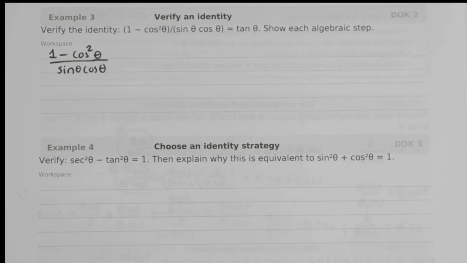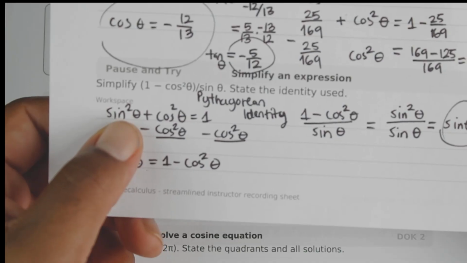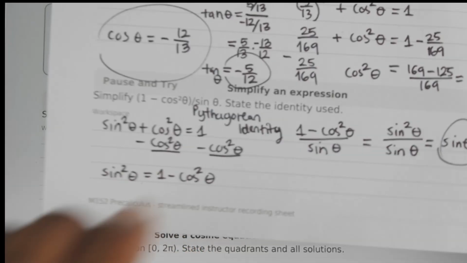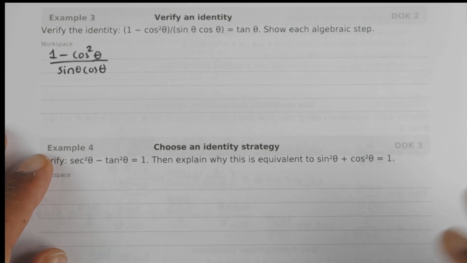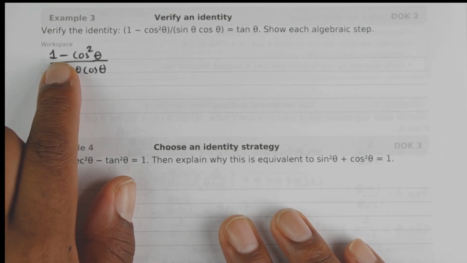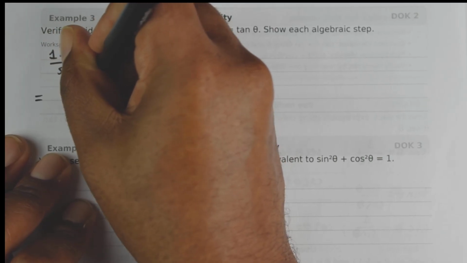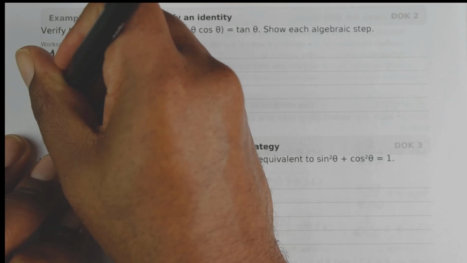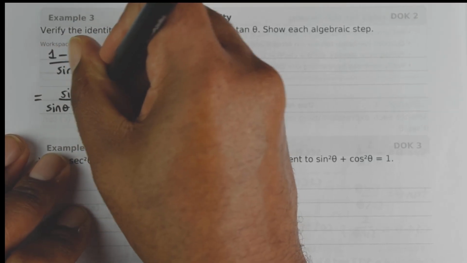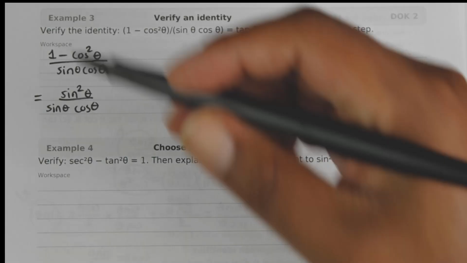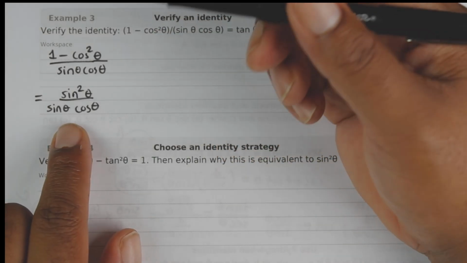So what I'm going to do is write the problem that we looked at earlier, which was this right here. So remember, if I subtract cosine squared theta from both sides, I'm going to end up with sine squared theta. So in an effort to keep space, I already know that this is going to be sine squared theta, all right? So this is sine squared theta divided by sine theta cosine theta, okay? So I've replaced the numerator essentially with this, and then my denominator remained the same.